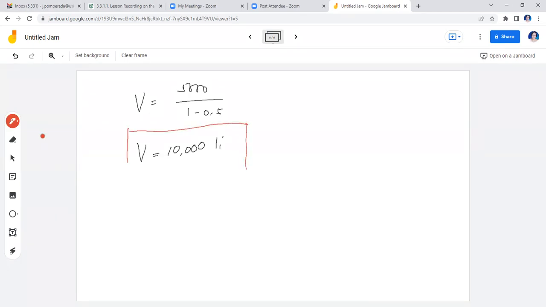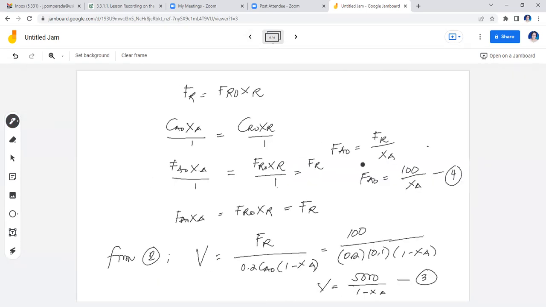Okay, one more unknown. The other unknown that we need to find is the small v sub O. Okay, what formula will I use for the small v sub O? How do I solve for v sub O? Remember, your FAO is equal to CAO small v sub O. In here, a while ago, our FAO is here, 100 over XA.